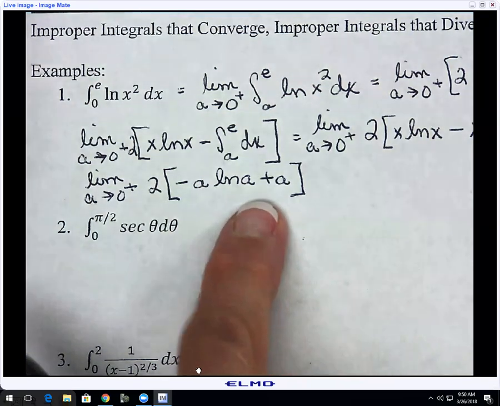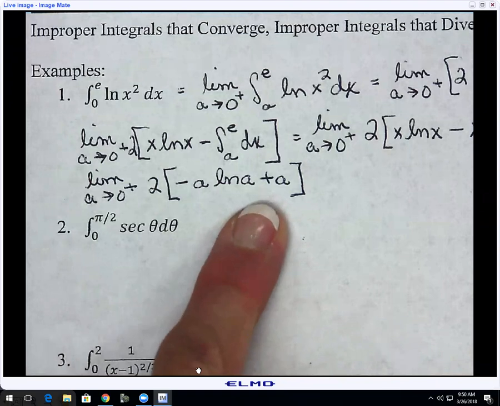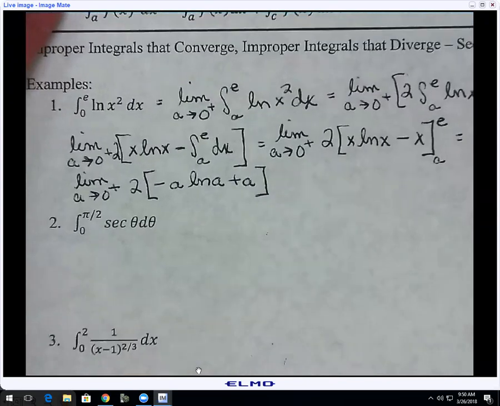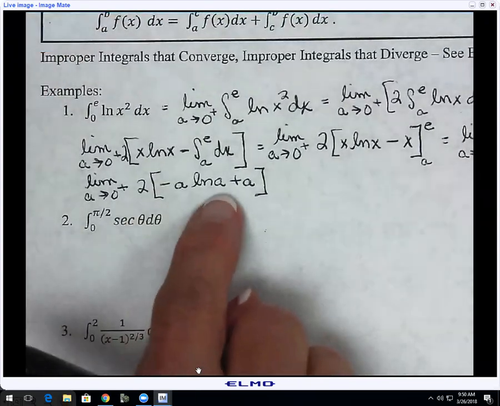Hey, I distributed that negative just because I didn't want to keep up with the parentheses anymore. What's the limit of that as a goes to 0 from the right?